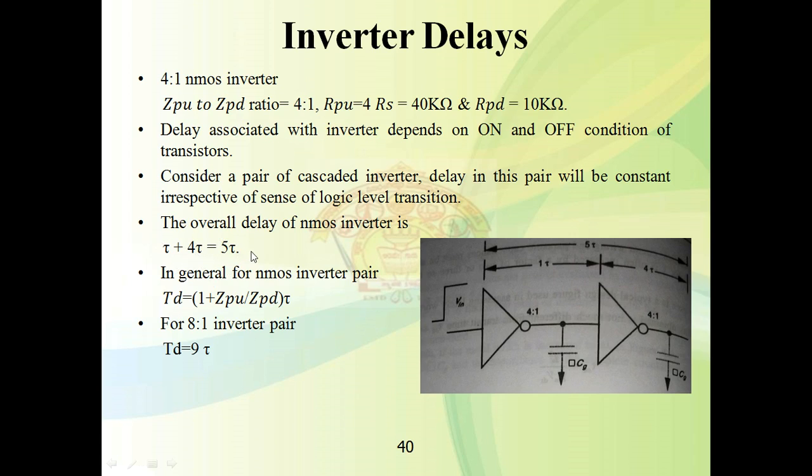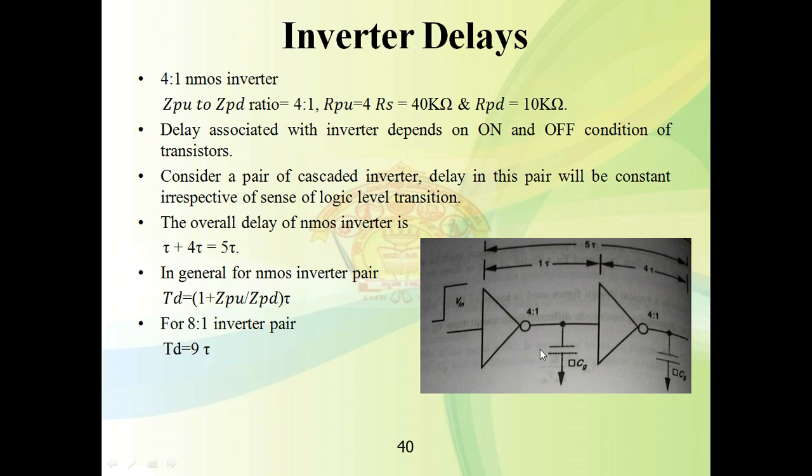So the overall time delay in one pair is 1 tau plus 4 tau, it is 5 tau. Suppose the applied voltage is low. At that time the pull up transistor will be on, there will be 40 kilo ohm and 1 square Cg.